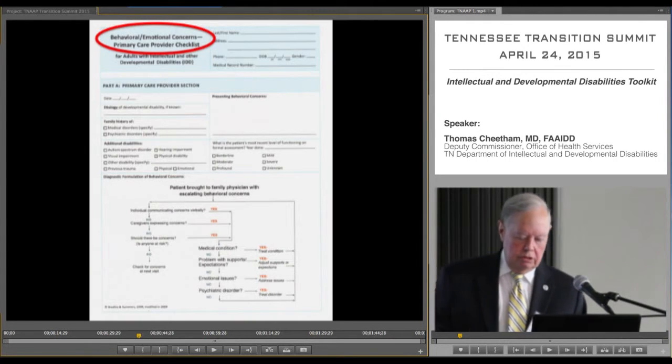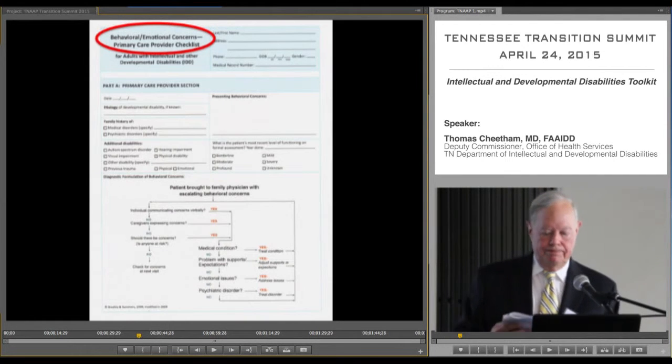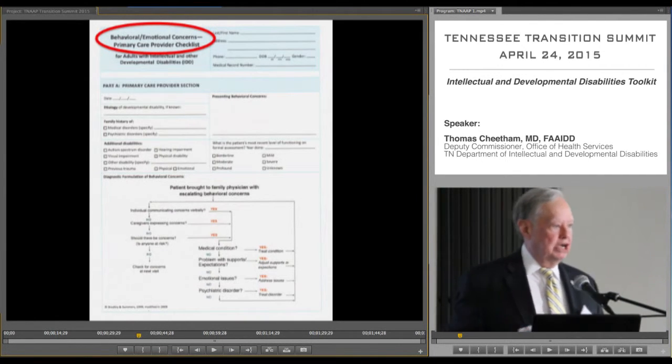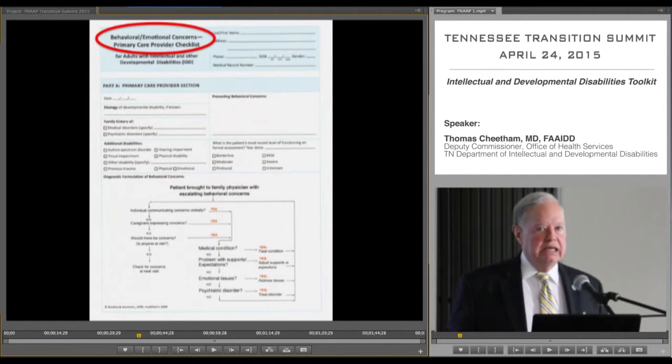This starts on page 26. And this is the provider checklist. So it's the same sort of model, but it is different because clearly you're doing something different from the second tool, which is what the person fills out, or the staff person, or the family member.